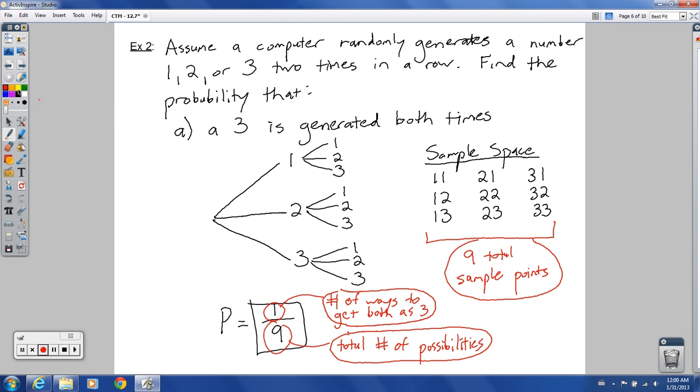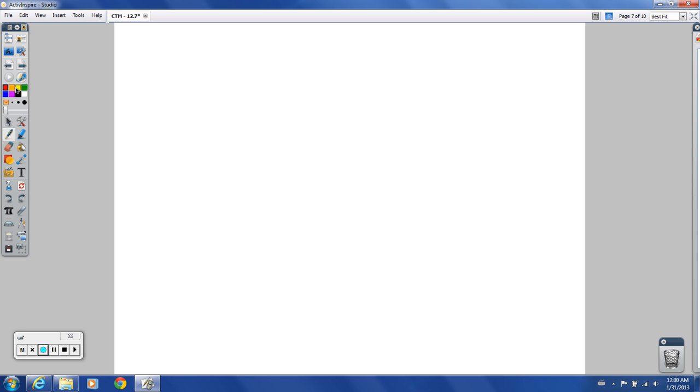So let's do a part B to this and throw a little twist into the situation. So part B for this question is going to be 2 2s are generated. This is part B. 2 2s are generated, figuring out the probability of this happening.